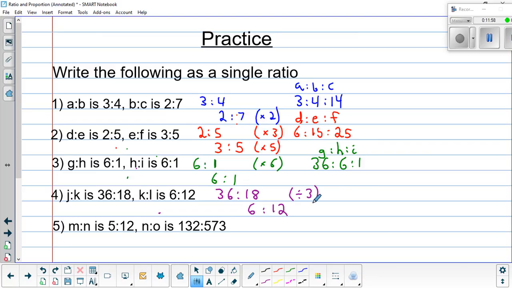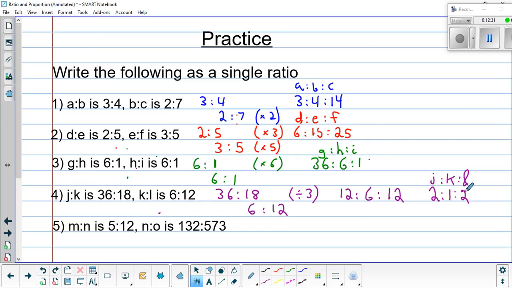So 36 divided by 3 is simply 12. 18 divided by 3, that's our 6 we wanted. And then our last number over here is 12. So if I simplify this down by dividing by 6, my end answer is going to be 2 to 1 to 2. And that is J to K to L.